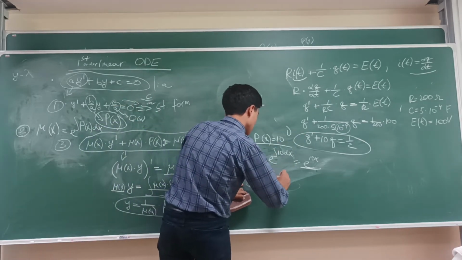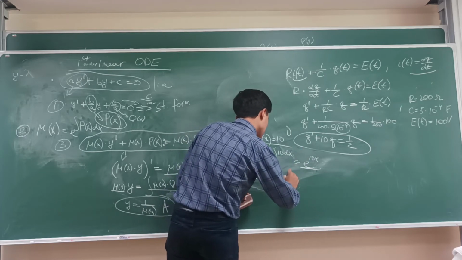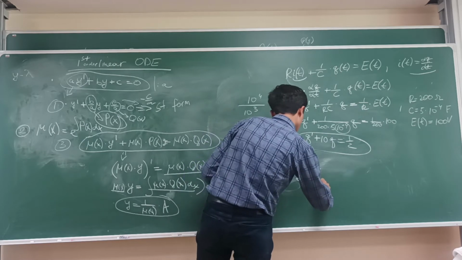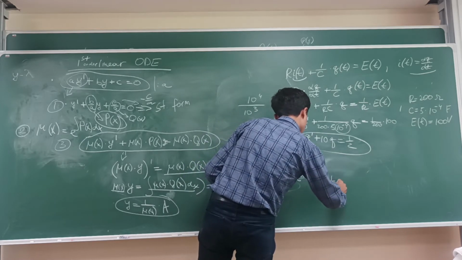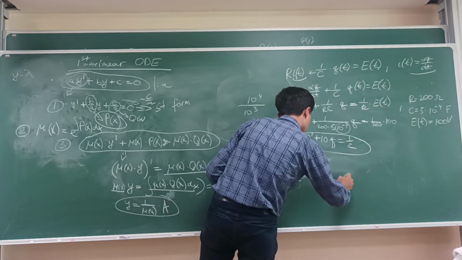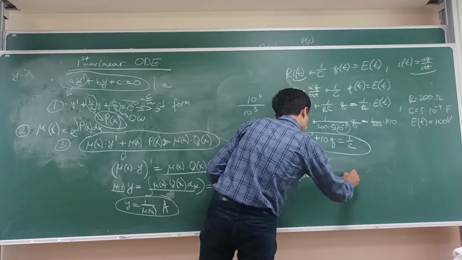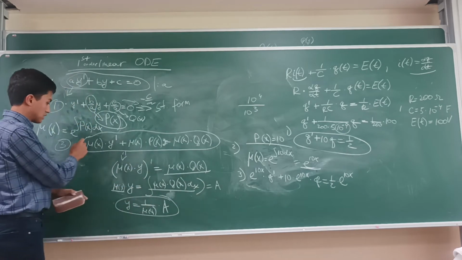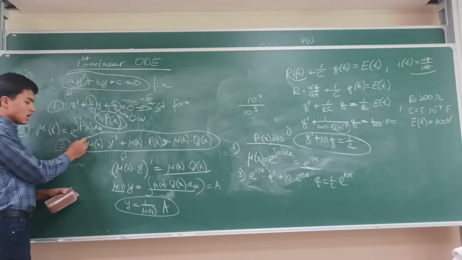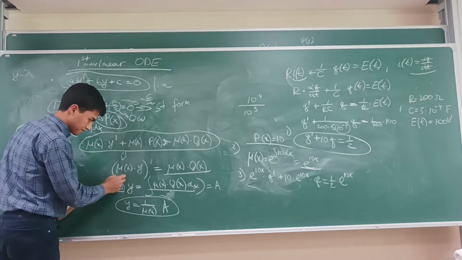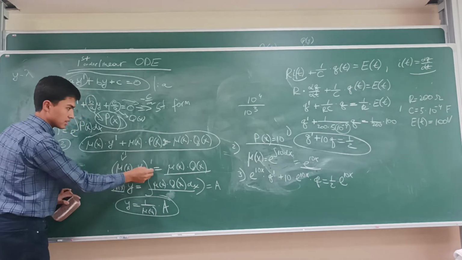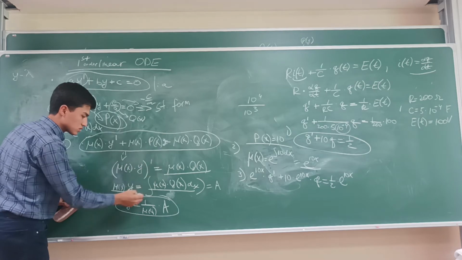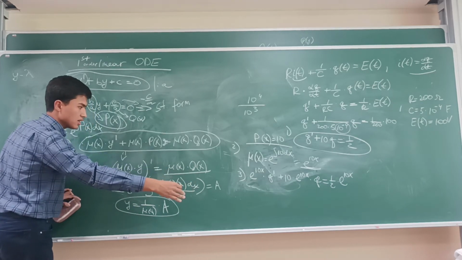Multiply: e to the 10x times Q prime plus e to the 10x times 10 Q equals 1/2 multiplied by e to the 10x. This means we are in the third step. So now we have to write the left side, mu of x multiplied by y, equals the integral of the right side.